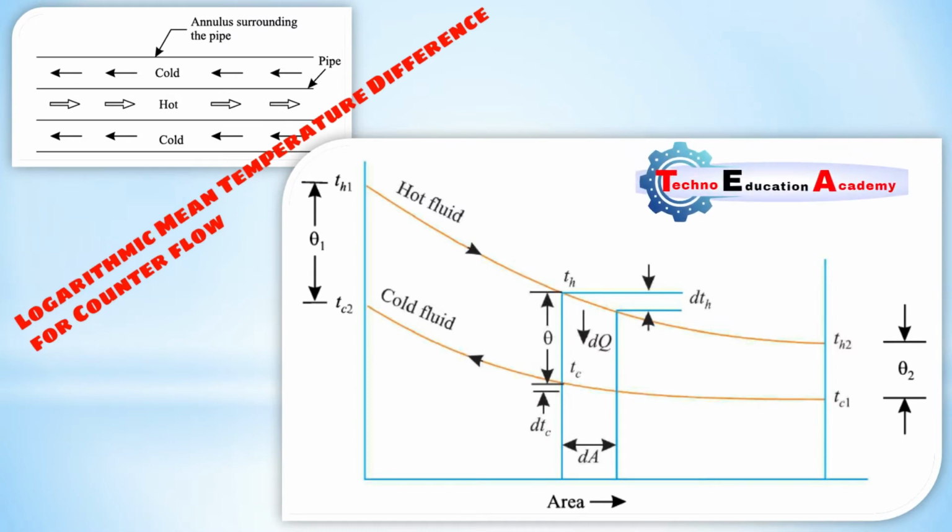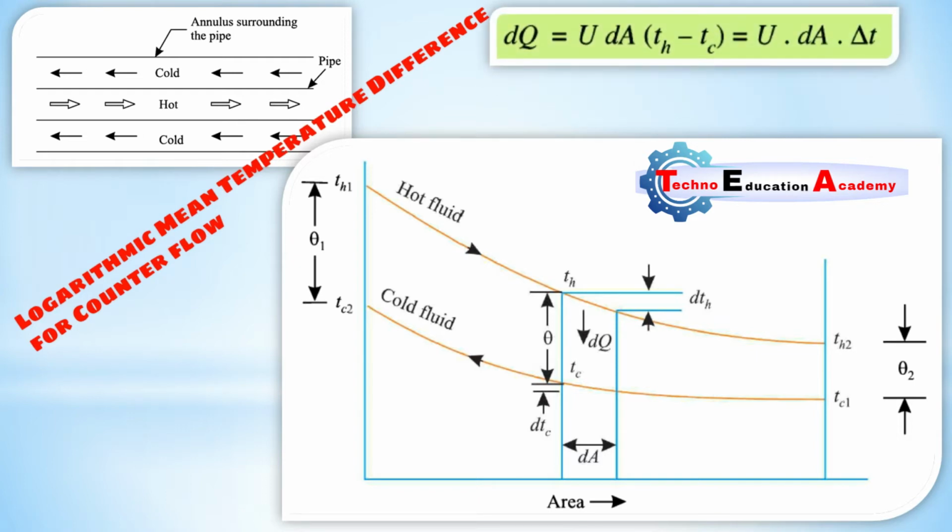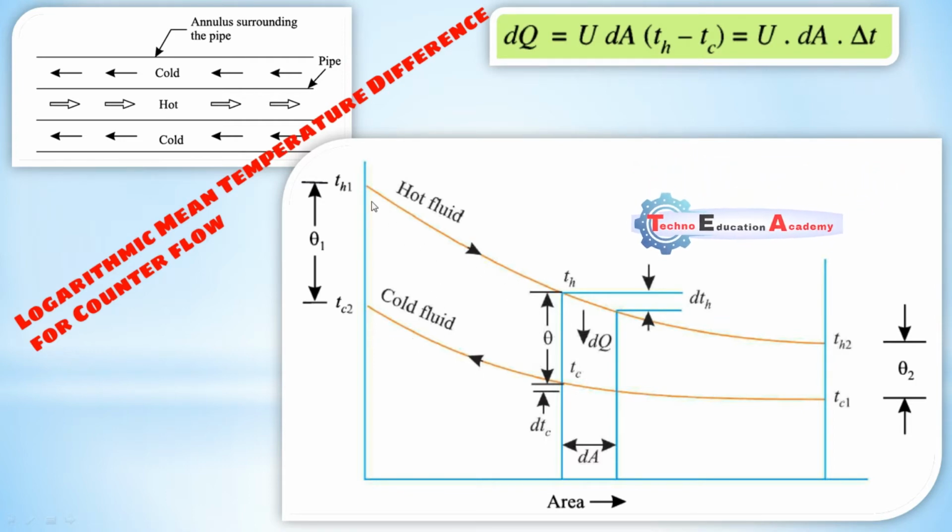Now we derive the equation of LMTD for counter flow. Here you can see the direction of hot fluid and cold fluid; both are in opposite directions. Here you can see TH1 and TH2. TH1 is the temperature of hot fluid at the inlet side, and TH2 is the temperature of hot fluid at the outlet side.